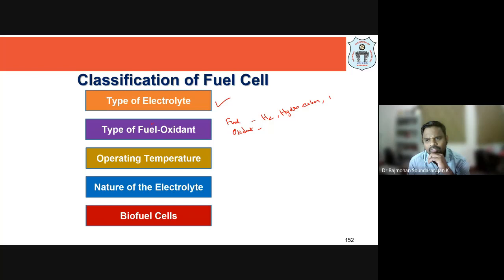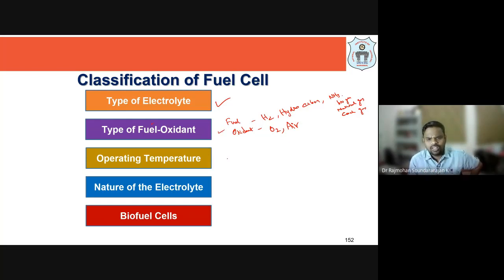Other than that, we can even use ammonia, or biogas, right? Like that we have natural gas, coal gas, different fuels can be used. So that we have discussed already in detail. Similarly, for the oxidant, we may be using oxygen or we may be supplying air. So based on that also we can classify the fuel cells.